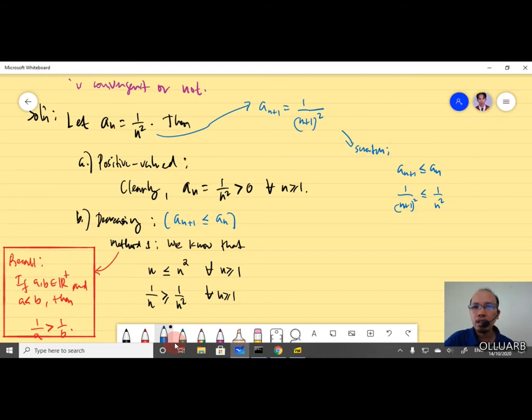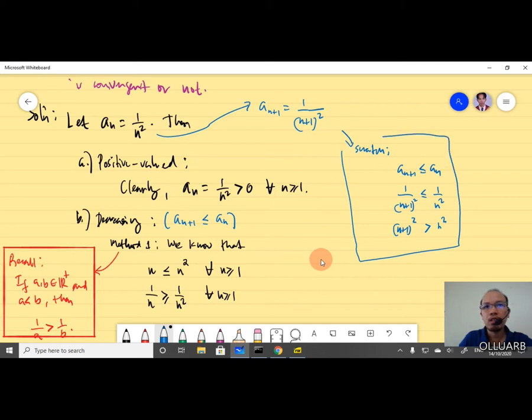And then we reverse, we have n plus 1. Okay, so in our scratch here, we should start at this one.